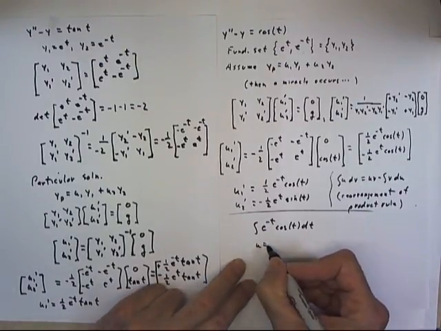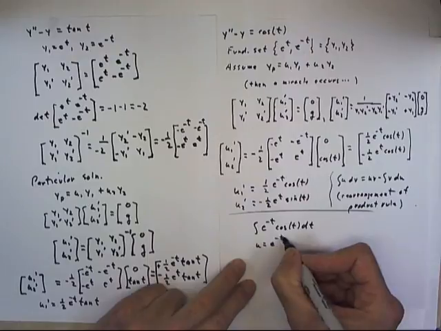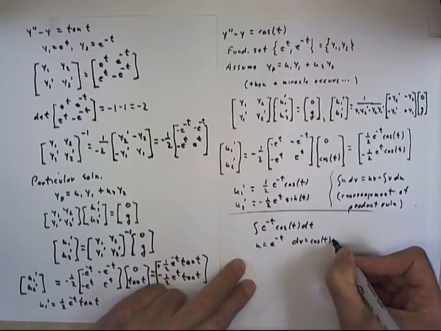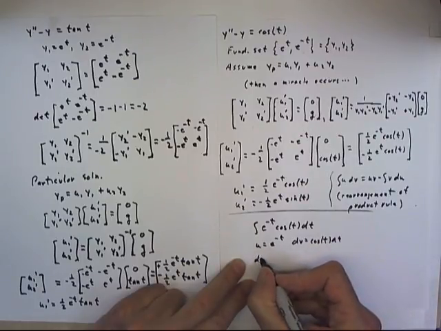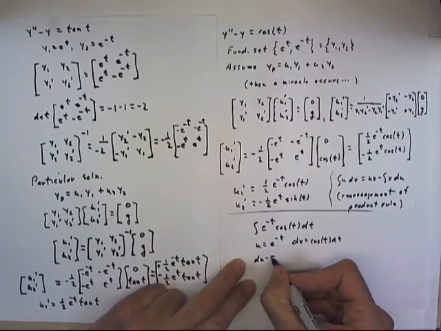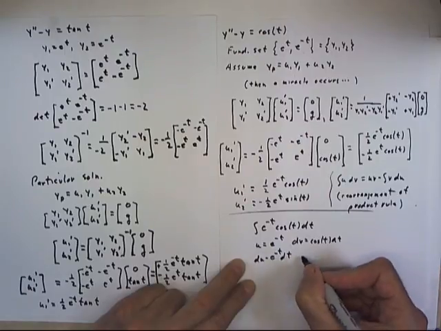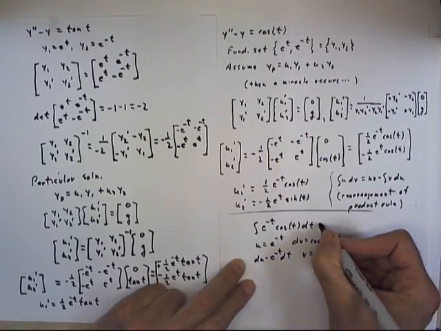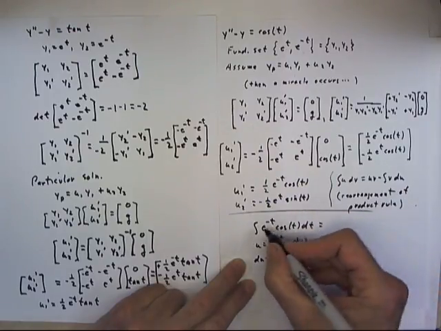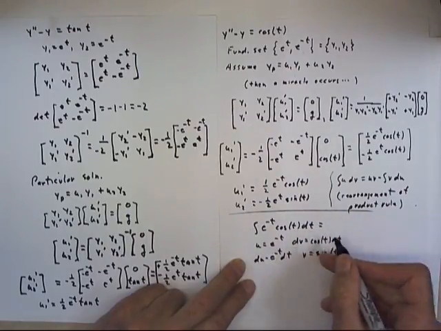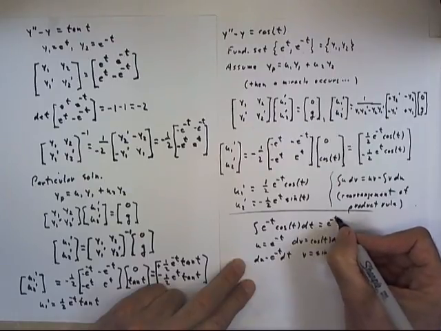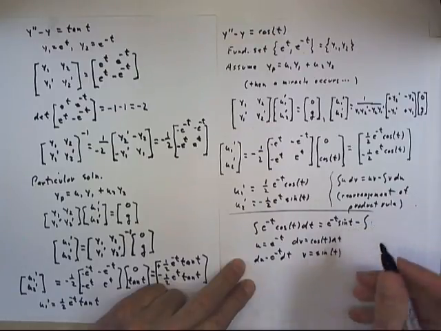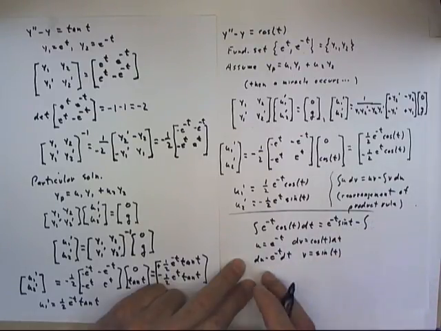If we let u equal, let's say, e to the negative t, and dv equals cosine of t dt, we get du equals negative e to the negative t dt, and v equals sine of t, so that this integral equals uv, which will be e to the negative t sine t, minus the integral of v du.